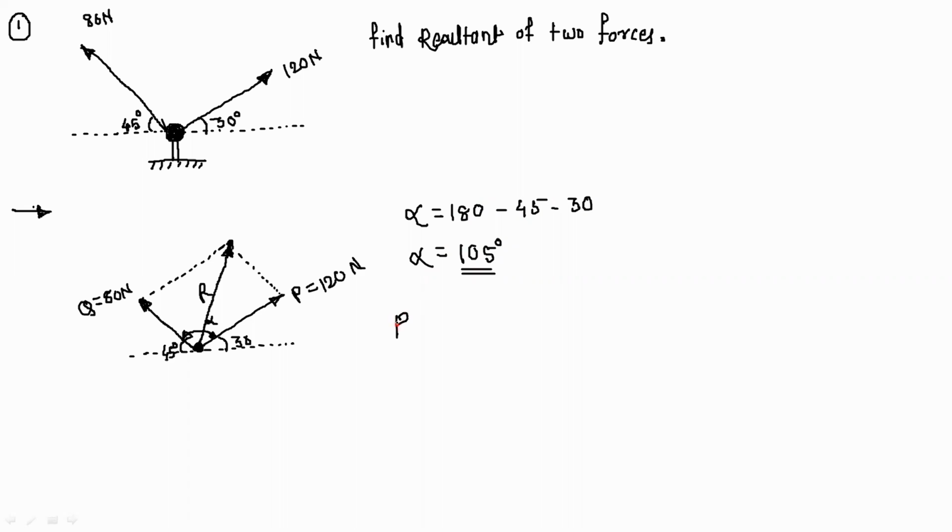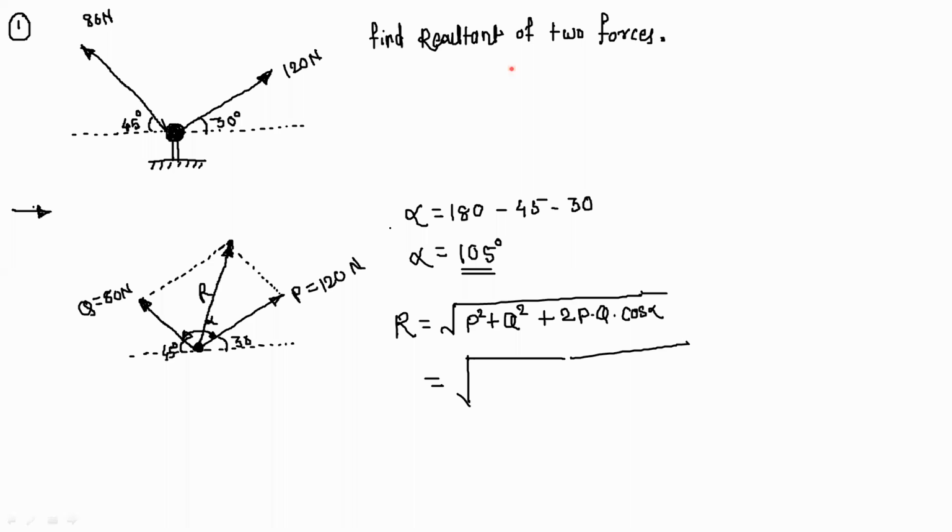Now use the formula of the resultant for the law of parallelogram. It is P square plus Q square plus 2PQ cos of alpha, and this is equal to, just put the value of P, Q and alpha. You will directly get the value of the resultant. So this is the use of the parallelogram law.